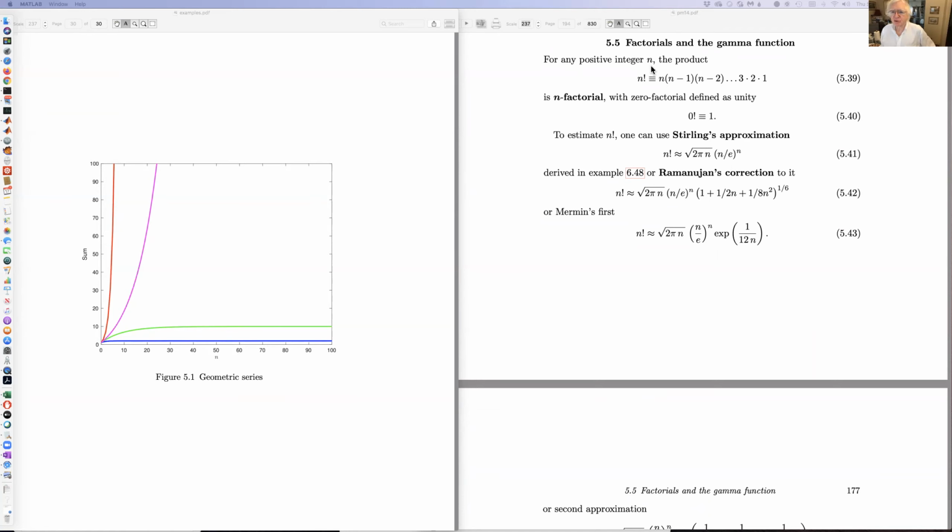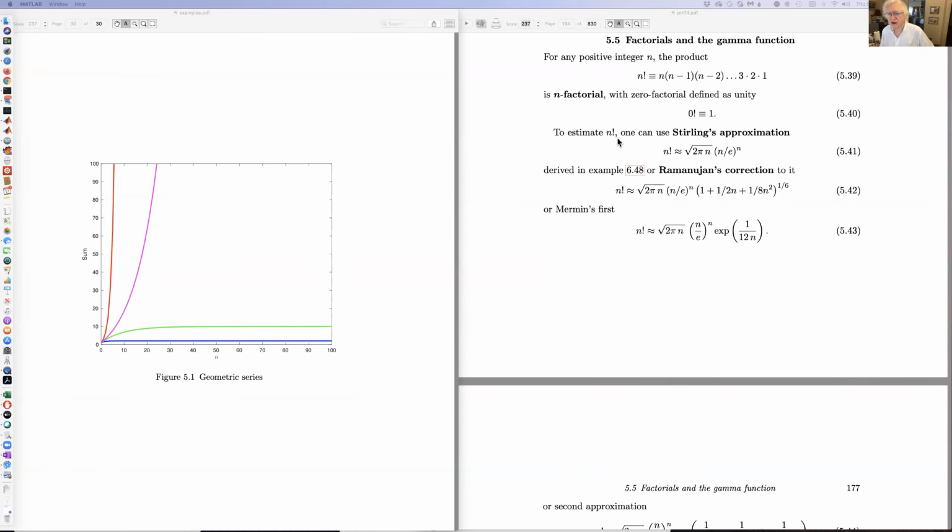So if you have any positive integer n, then n factorial is by definition n times n minus 1, n minus 2 down to 3, 2, 1. That's called n factorial. By definition, 0 factorial is 1. And it's not just by definition, it's that you're forced to that, but we'll see that in a little bit later.